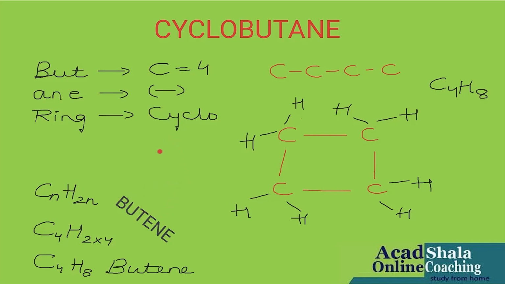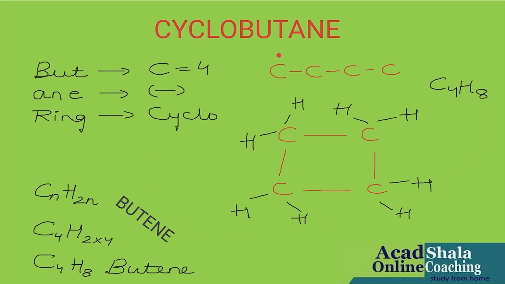That means, what did I say in the last example? That cyclic hydrocarbons and alkenes share the same general formula, that is CnH2n. So in the same way as I told you in the last example, if in the exam it is asked that you draw the structure of C4H8, you will only and only draw the structure of butene.